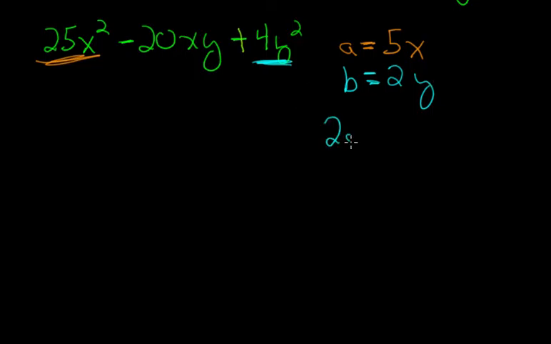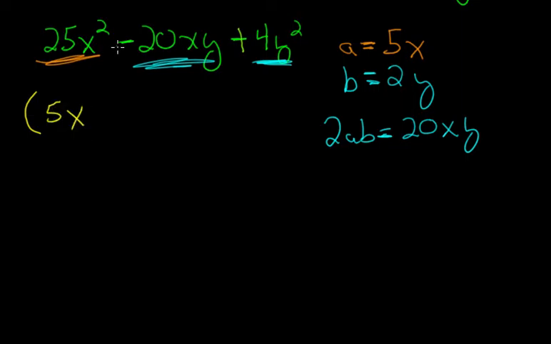So 2ab equals 20xy. That's what I have there. So yes, this is a perfect square. I can go right to my pattern, which is 5x, my a, grab my sign, negative, my b squared. And I factored it. And this is the pattern of perfect squares that we can use.